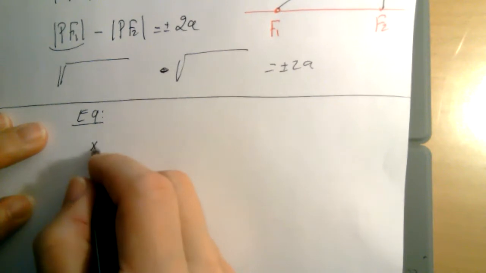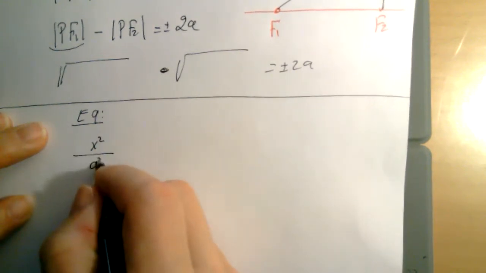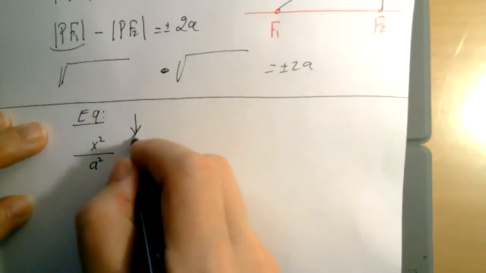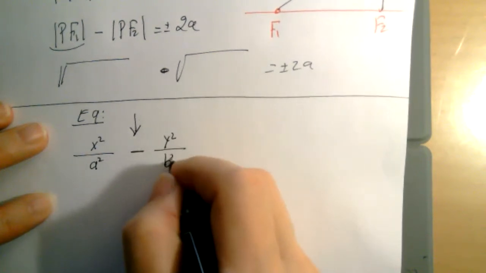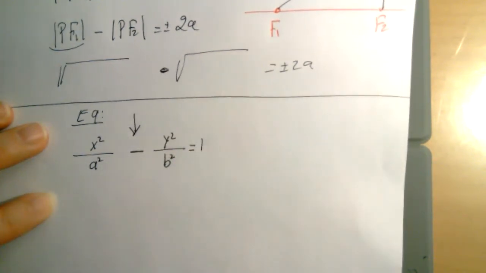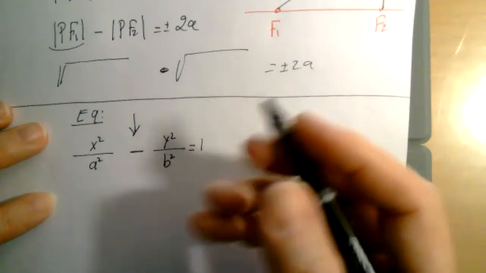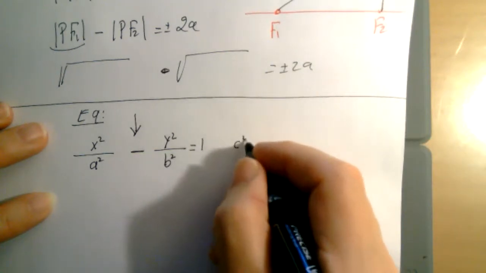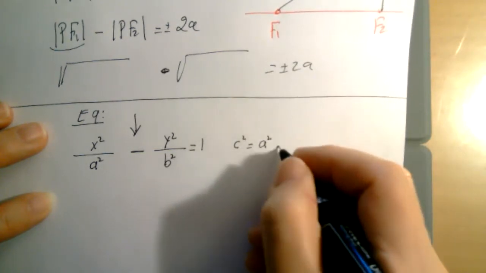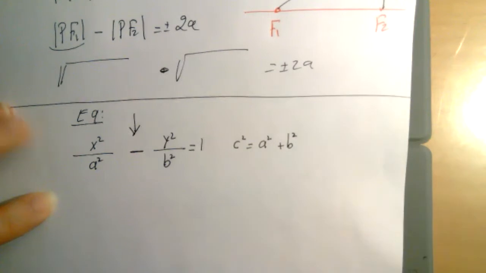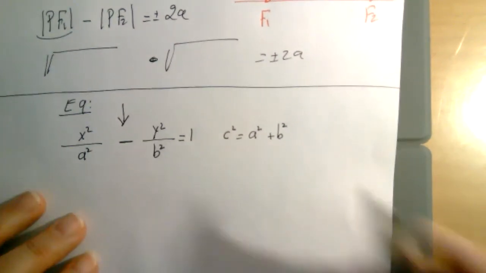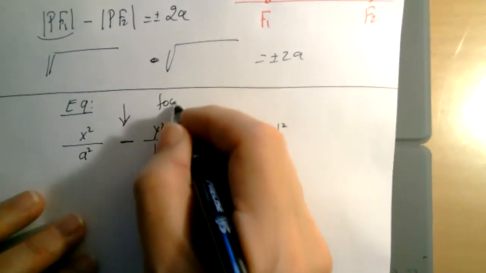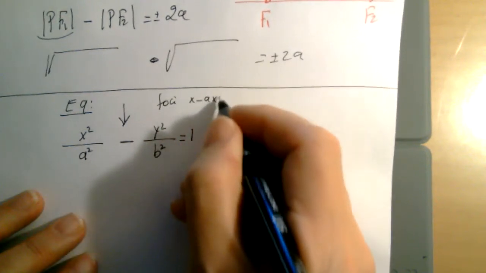X squared over a squared minus, crucial, y squared over b squared equal to 1. And the foci will be given by the formula c squared equals a squared plus b squared. If I have time, I will talk about the reflection property at the end of the hour. And in this case, the foci are on the x-axis.